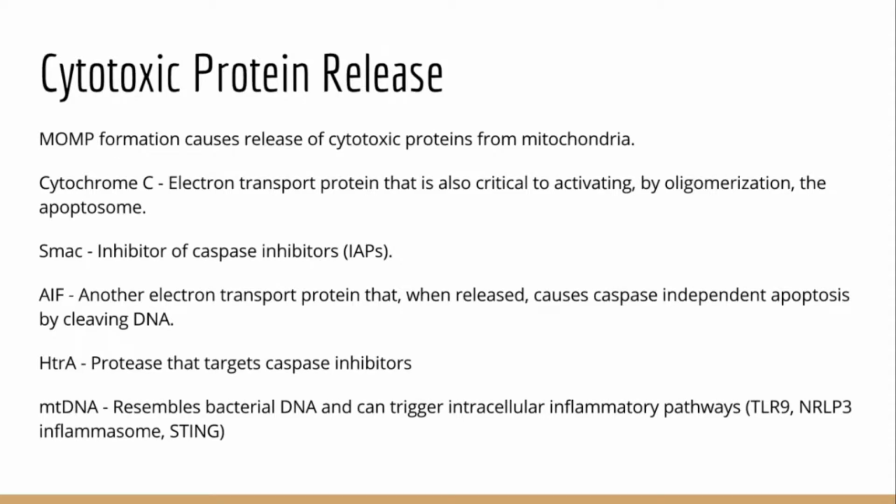For example, it can trigger the formation of the inflammasome, NLRP3, which, if activated for too long, can trigger apoptosis. So this may be an additional molecule that's released from mitochondria to promote cell death.